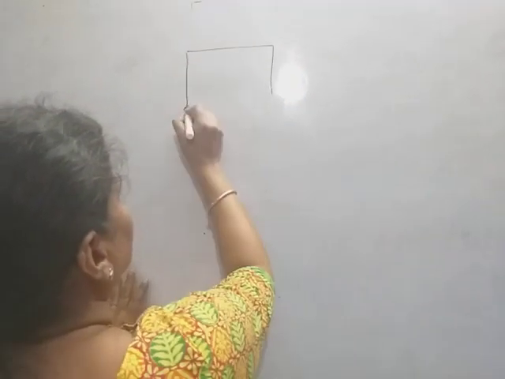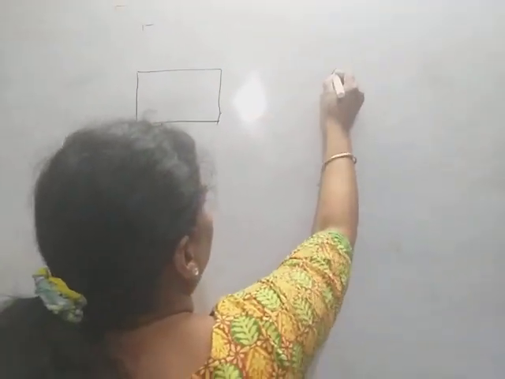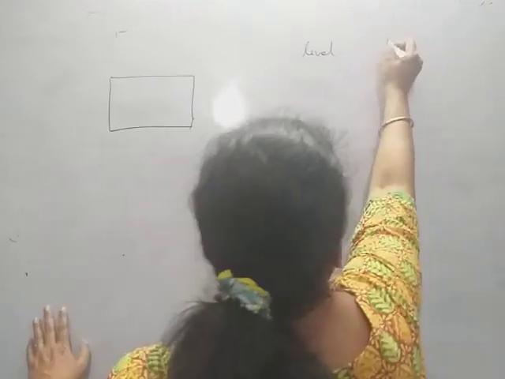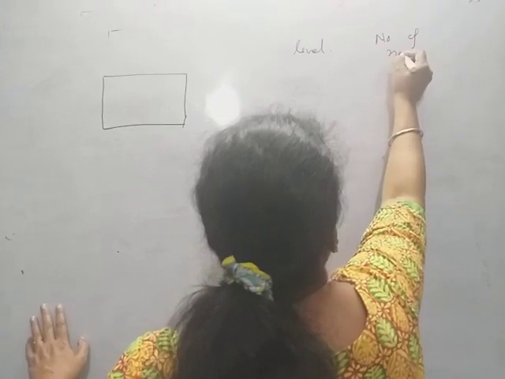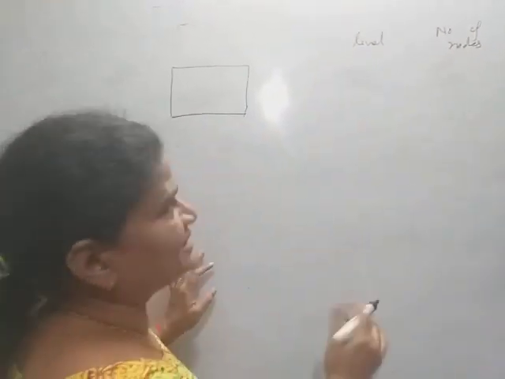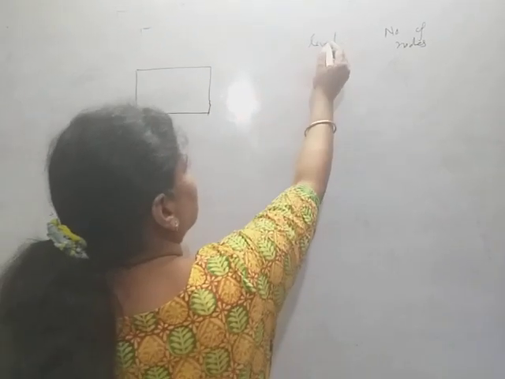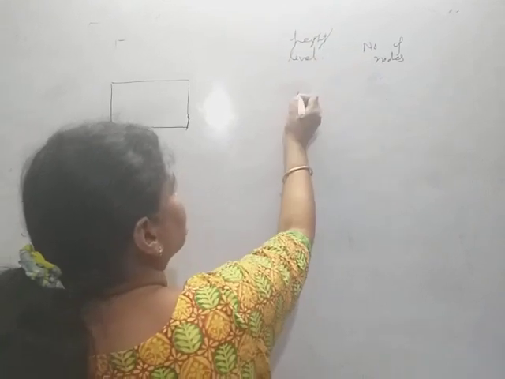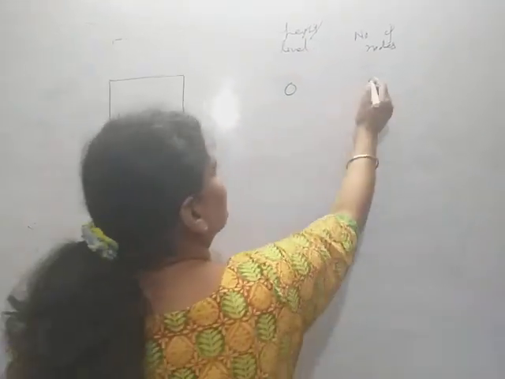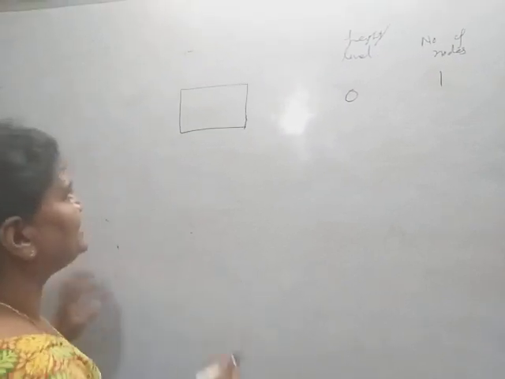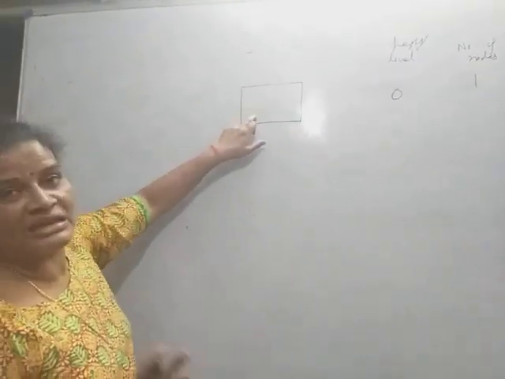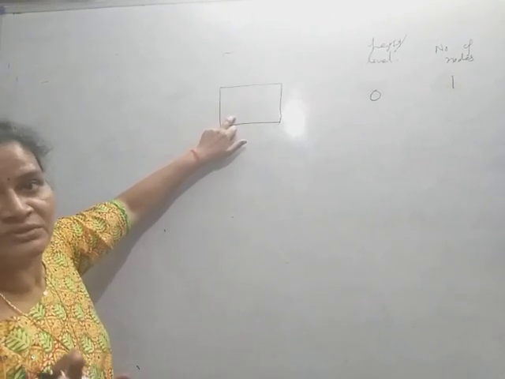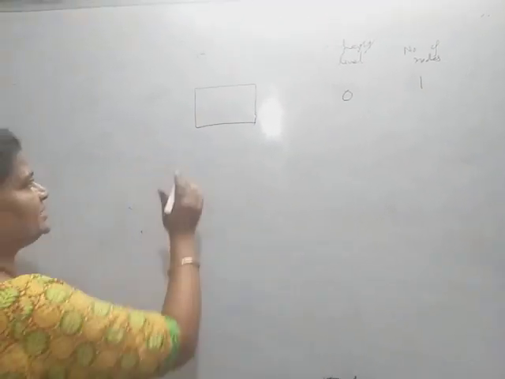This is the root node. Here I am taking the height as 0, then the number of nodes is 1. Now we are storing the minimum keys, so the minimum key in the root can be 1. The minimum number of keys in the root must be 1, the lower bound.